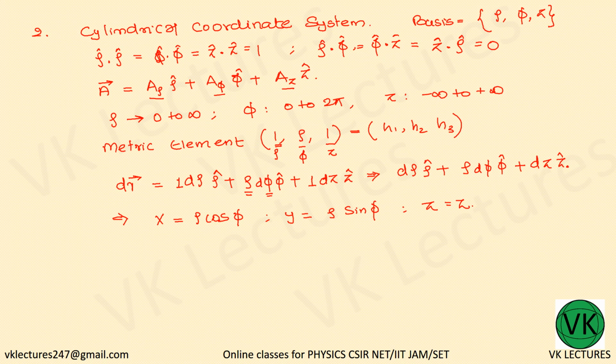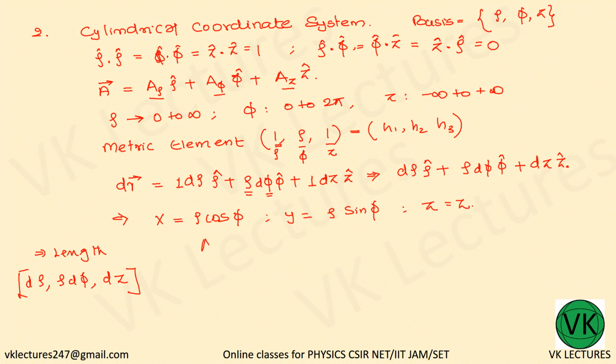The length element in the cylindrical coordinate system along each direction is given by d rho, d phi and dz. So these are the length elements.